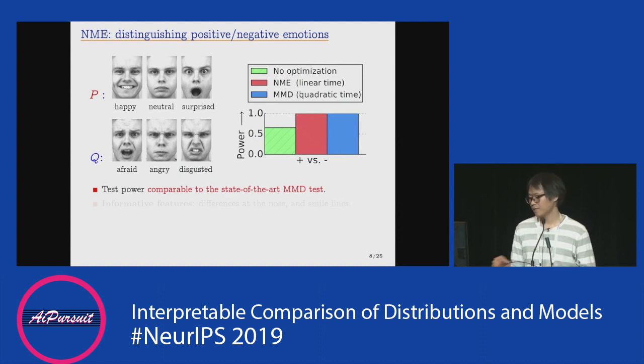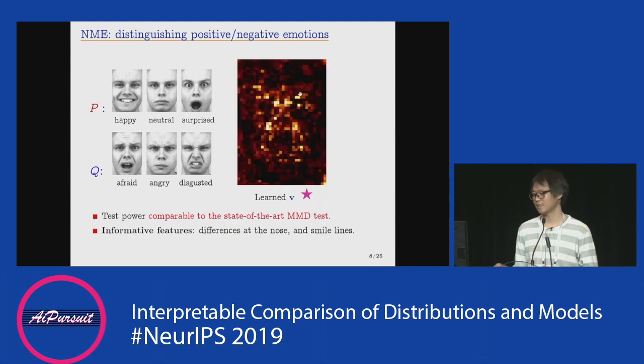And further, as discussed, NME can produce V, the test location. In this case, I just run straight gradient ascent, because we want to maximize, and I get this kind of location. Remember again that V lives in the data domain. In this case, this is the pixel space.